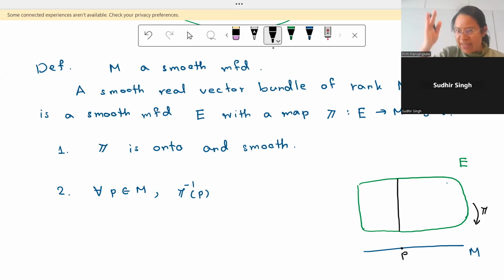This is like the tangent space that we have for the tangent bundle. I will denote the preimage by E subscript P, and it is a real vector space.